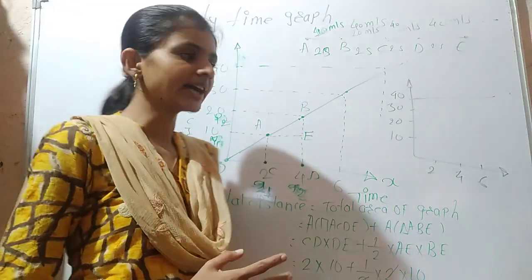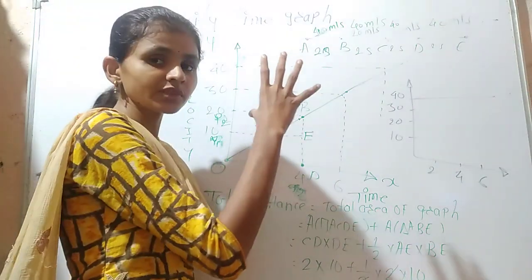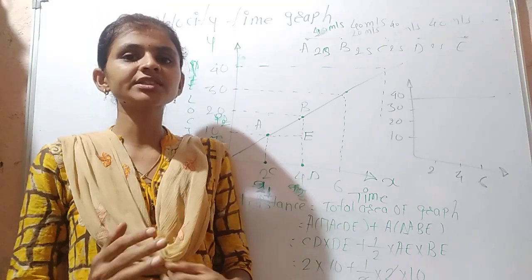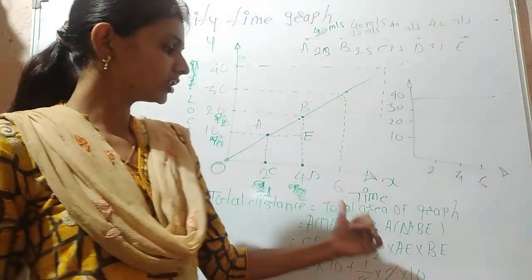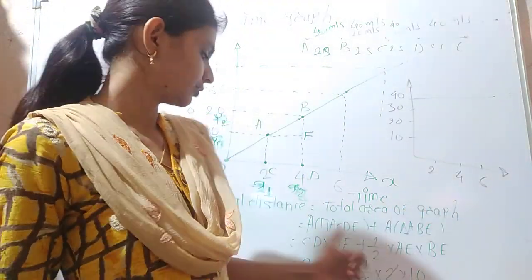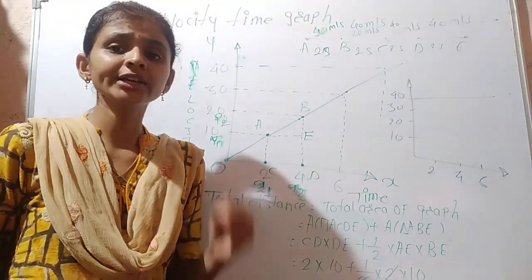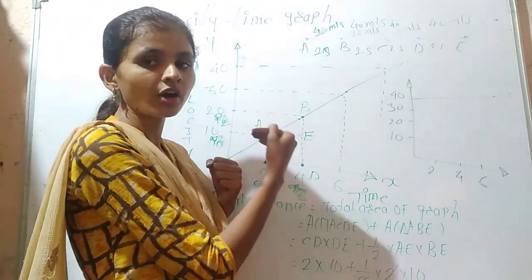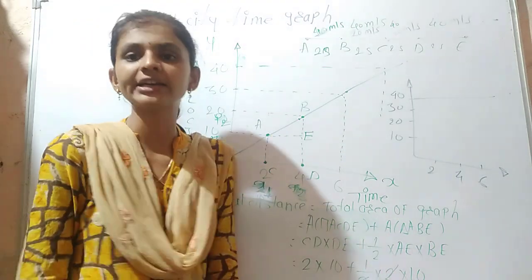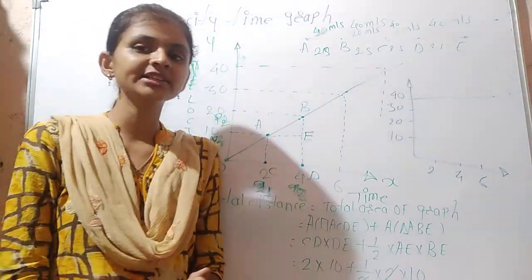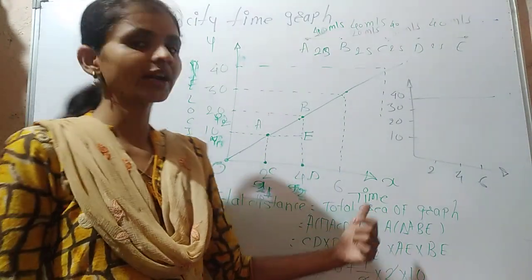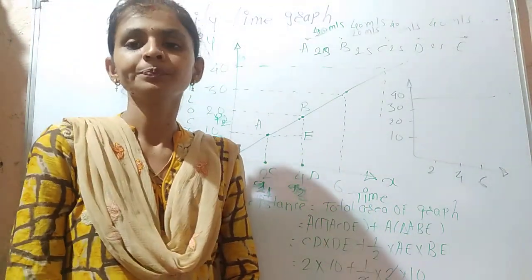Now the second thing is that by using that graph we can calculate the distance. Total distance covered is equal to the total area of the graph, which is the sum of the area of the rectangle plus the area of the triangle. The area of a rectangle is length multiplied by breadth, and the area of a triangle is 1/2 multiplied by base into height.